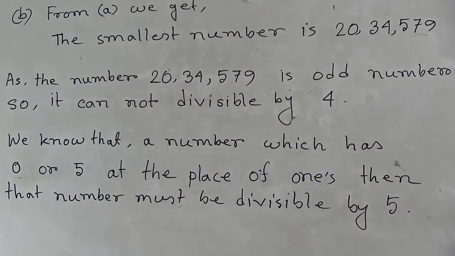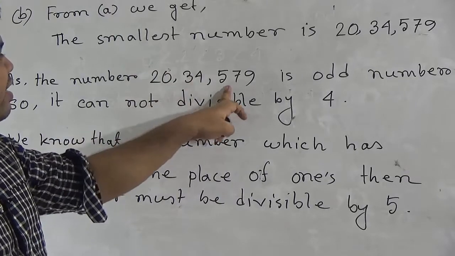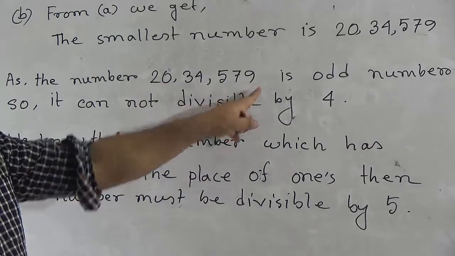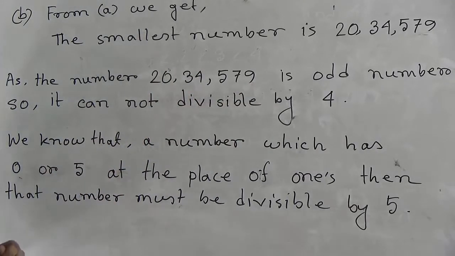But here we notice that 20,34,579 has ones place number 9. It is not 0 or 5. So the number is not divisible by 5.